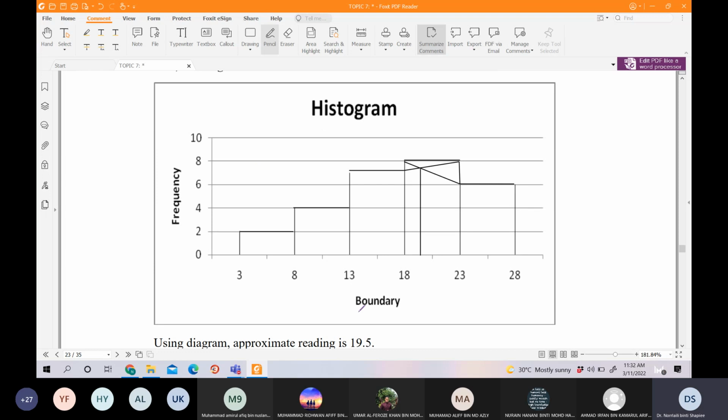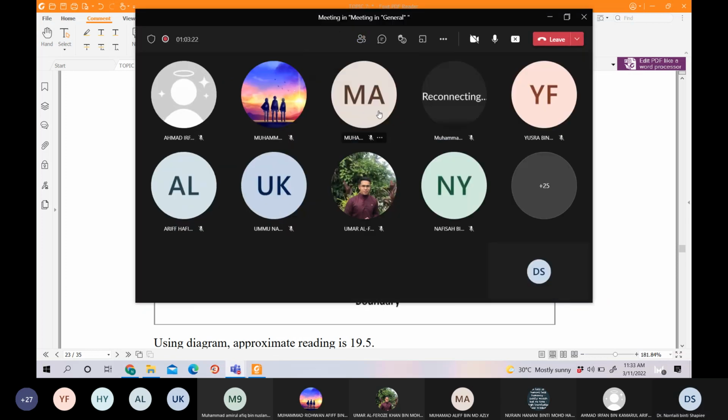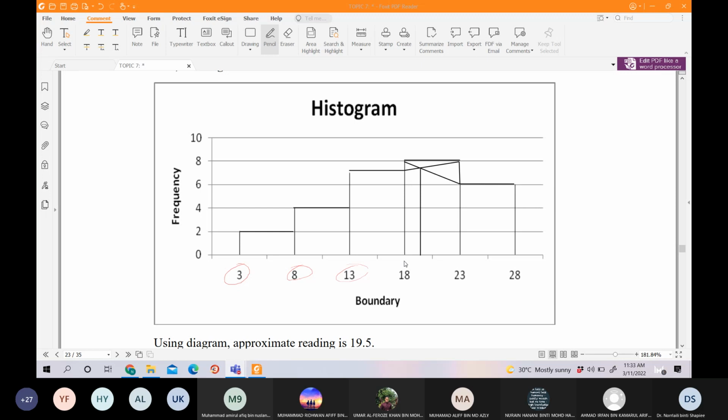Okay, so histogram. Is it correct? You have to plot 3, 8, 13, 18, 23. Betul tak? Betul tak kita plot ni?